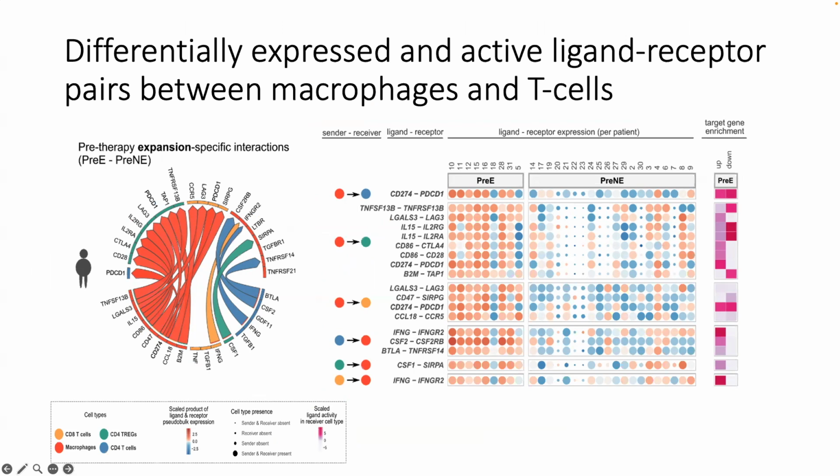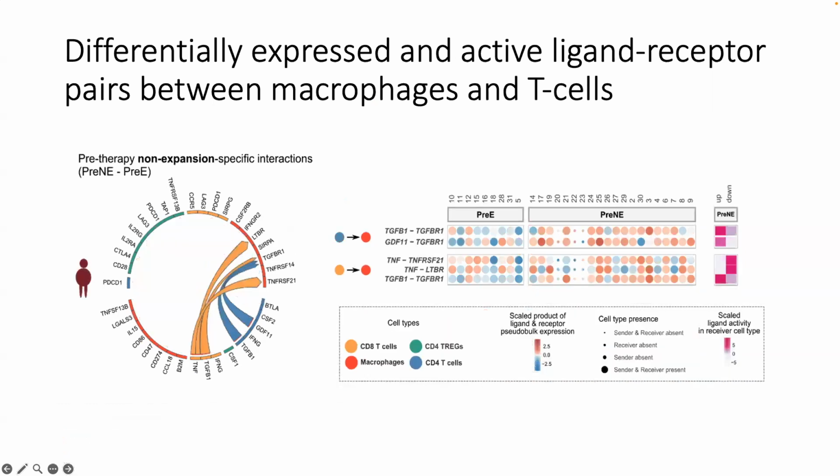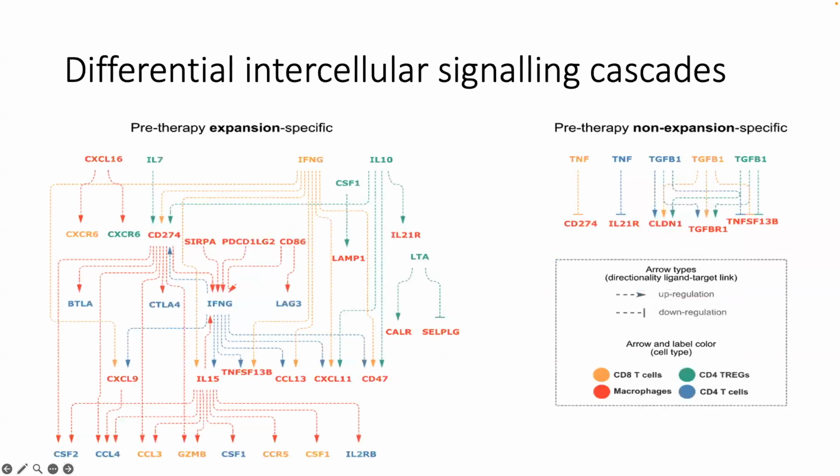If you think back about the tumor example where you have different types of tumor growth, you want to see which interactions are different between them. You can do that with multi-NicheNet. You can see which interactions are specific for a certain condition and compare that across conditions. We have a lot of new types of visualizations for that.